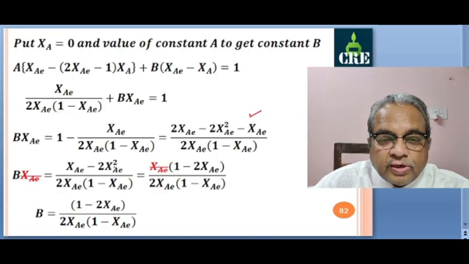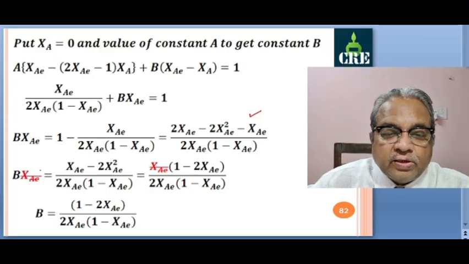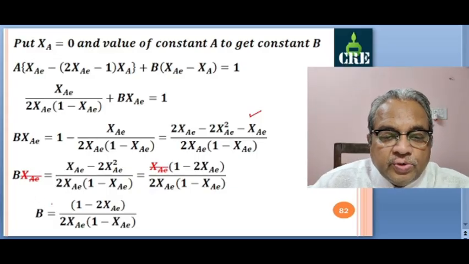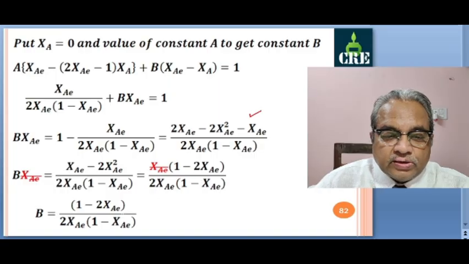Then this we can write as XAe into (1 minus 2XAe), and this XAe on both sides we can cancel out and we get B is equal to (1 minus 2XAe) divided by 2 into XAe into (1 minus XAe). So this is the value of B.